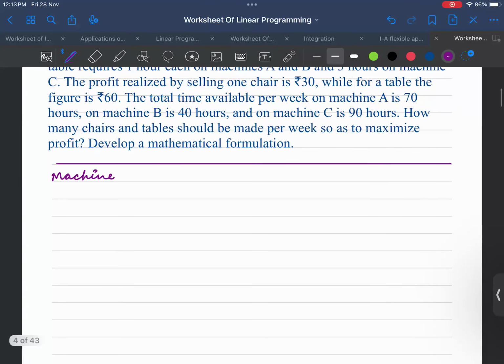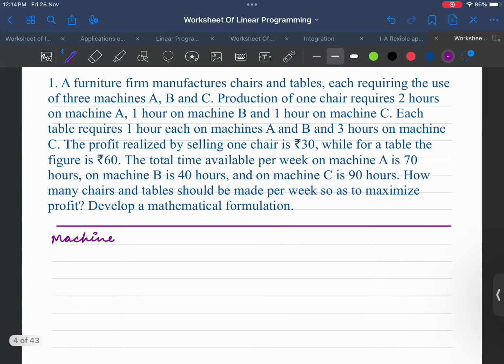We have three machines, A, B, C. I'm writing the machines, A, B, and C. At the same time, we have two furnitures, chairs and tables. Because we have to calculate how many chairs we need to produce and how many tables we need to produce. Right?